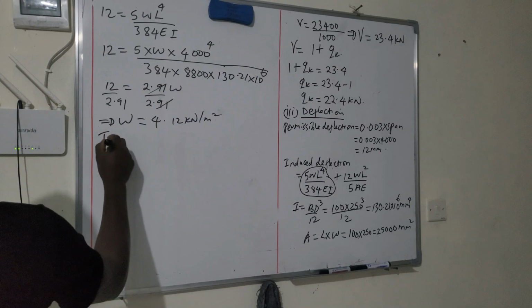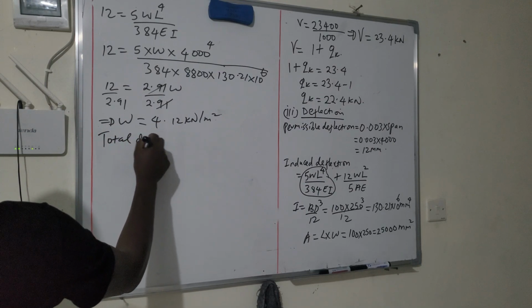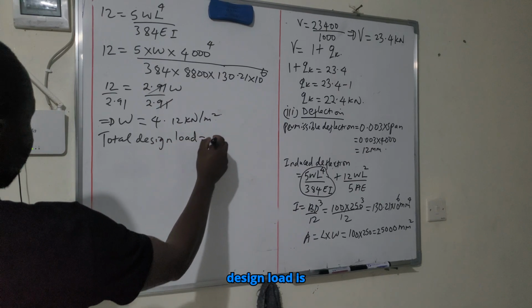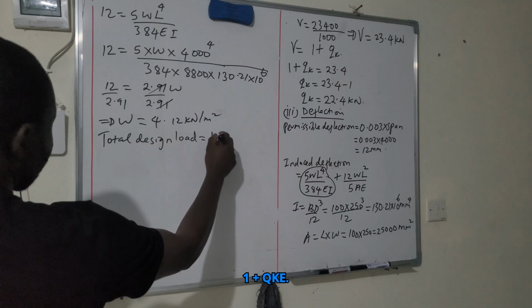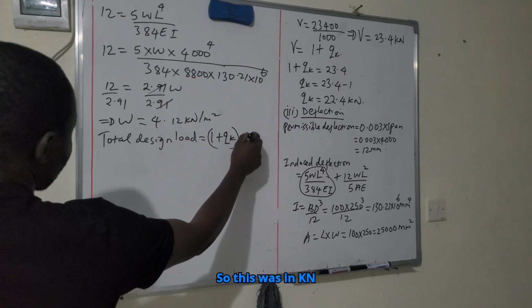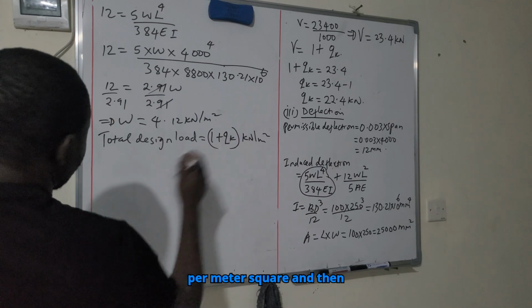So total design load is 1 plus QK. So this was in kilonewton per meter square.